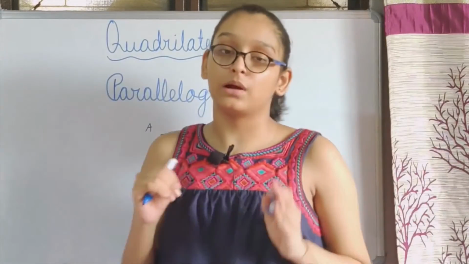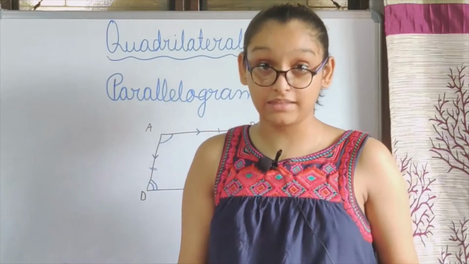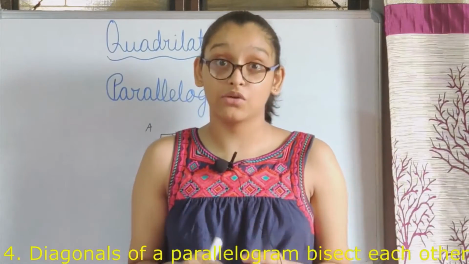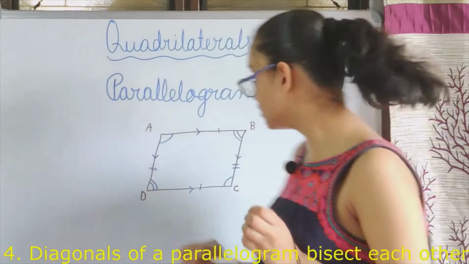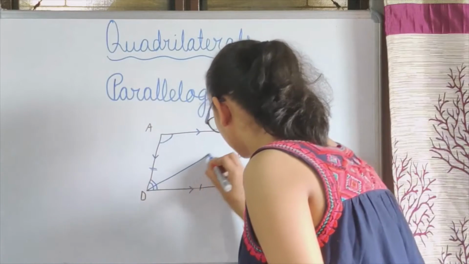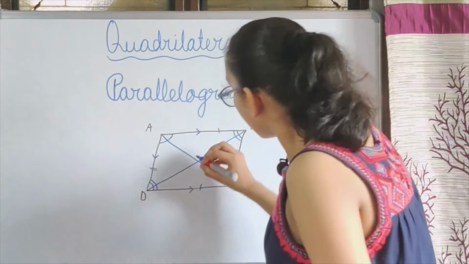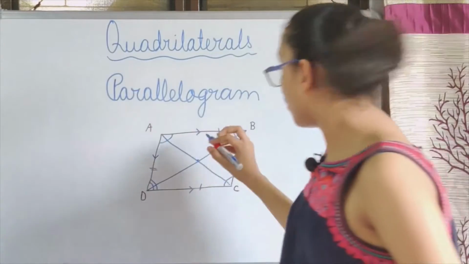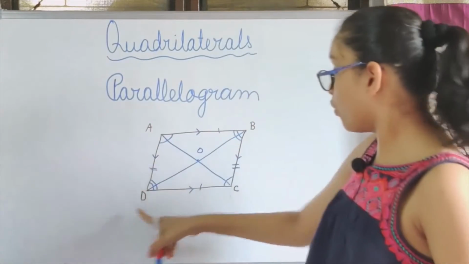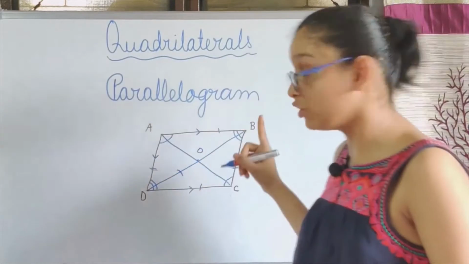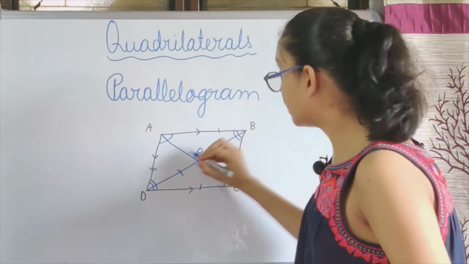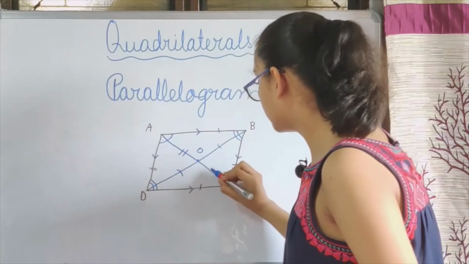The fourth property of parallelogram says that diagonals of a parallelogram bisect each other. This means that if we take this point as O, then OD would be equal to OB and OA would be equal to OC.